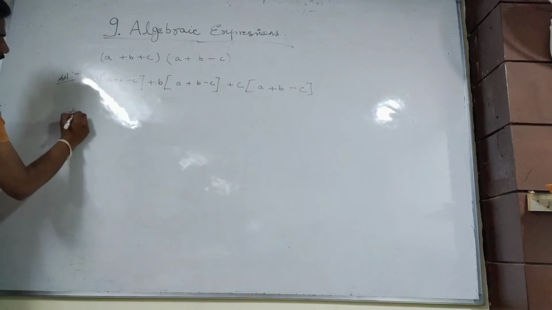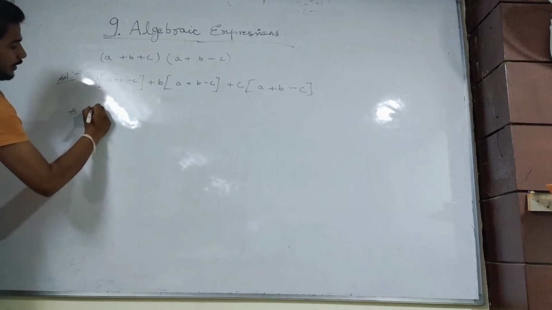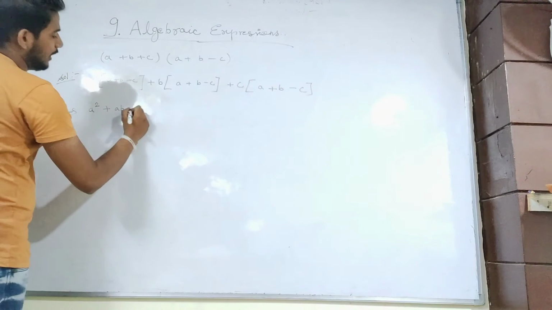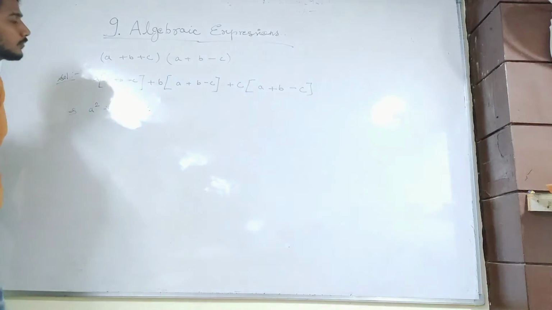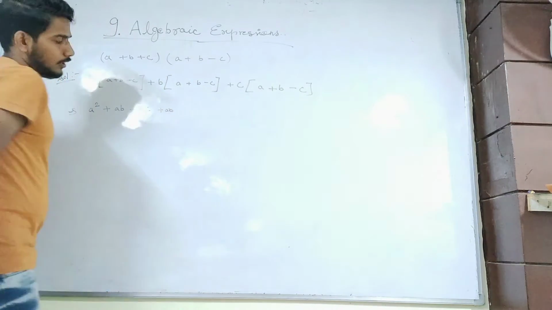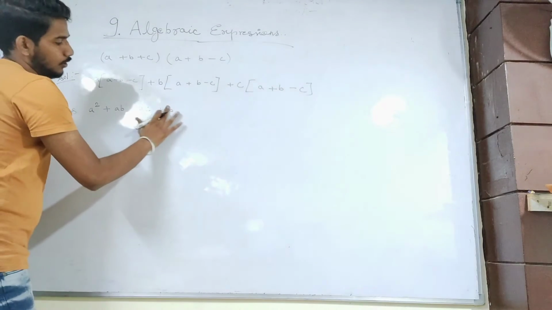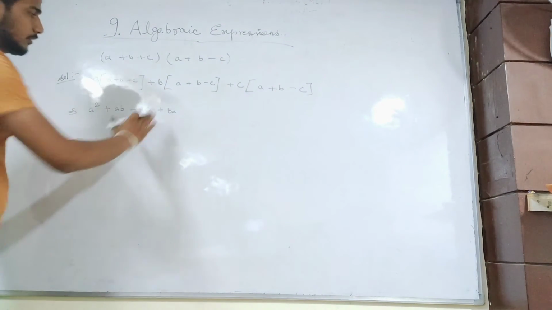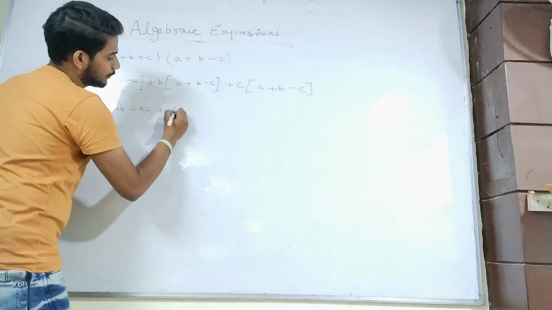Now the rest is easy. A into a will be a square, plus a into b, ab, minus ac, then plus ab. You can write ab or ba, both the terms are similar, so I will go with ab.